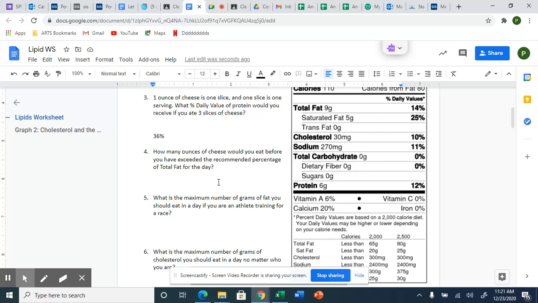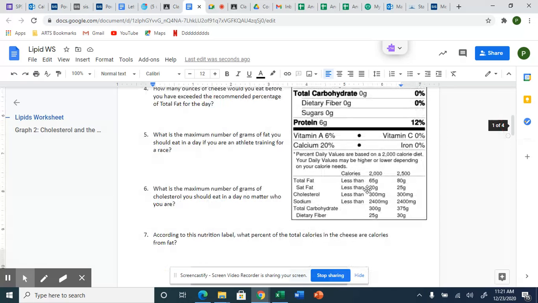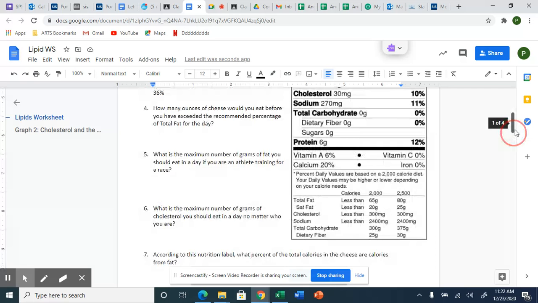Percentage values are down here. Daily values are based on a 2,000 calorie diet. So we're looking at total fat. We don't want to exceed 65 grams.